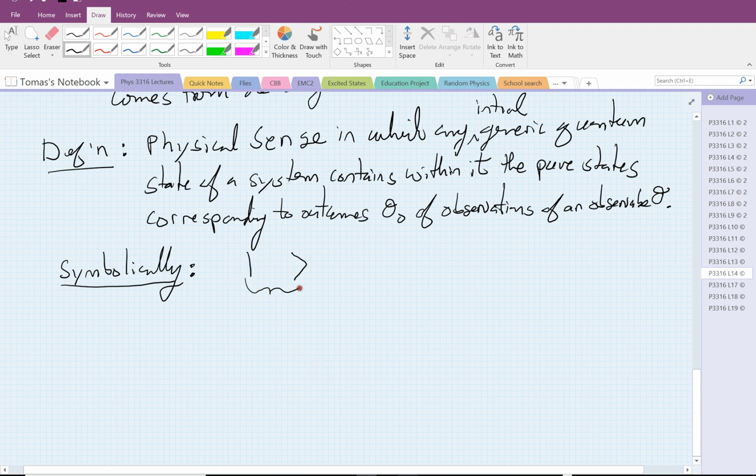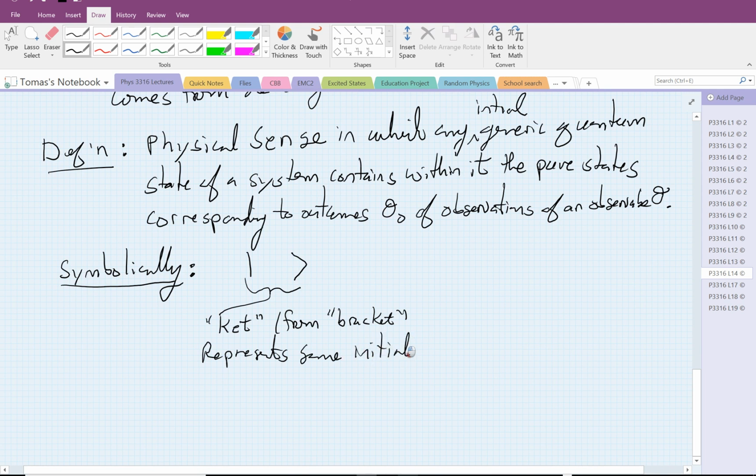And there's a name for this symbol, so this is called a ket, K-E-T. The term ket comes actually from the term bracket, and we will get to the bra part later. But this is the ket part, and this represents some initial generic state of my system.